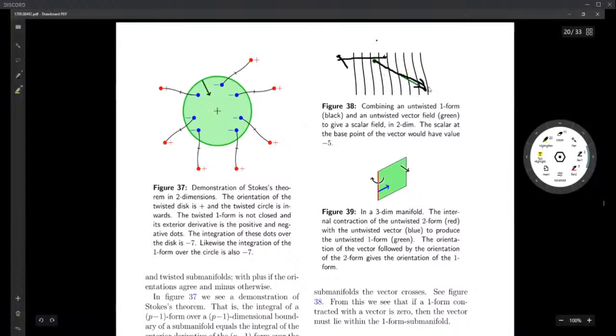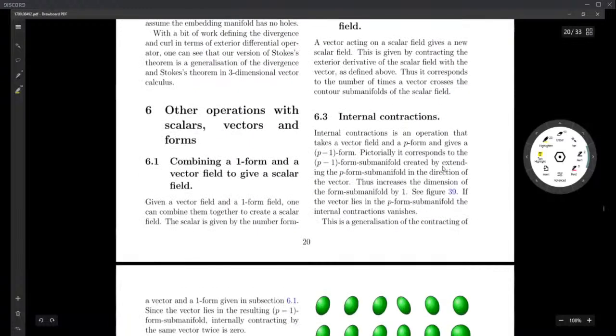And what we do is we just count the number of lines that this vector passes through. So that's 1, 2, 3, 4, and 5. But then we see here that it's -5. Why is it -5? Simple, because it's oriented to the left.